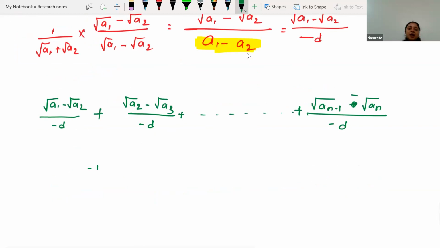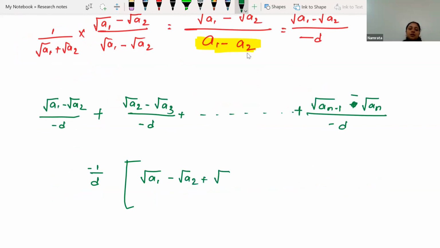Now let's add all of them. So we are taking minus 1 by d as common. So root a1 minus root a2 plus root a2 minus root a3. The next term will be root a3 minus root a4 divided by minus d, and one more term will be root a4 minus root a5 divided by minus d.